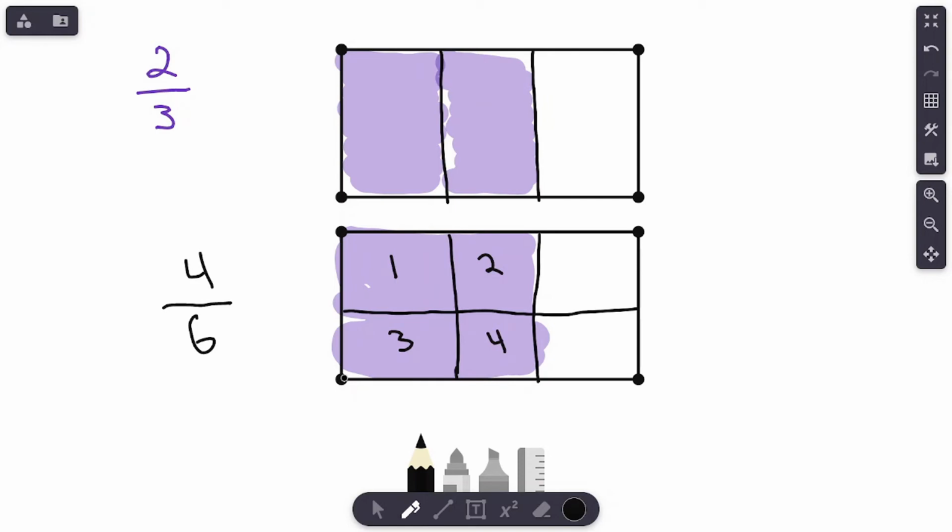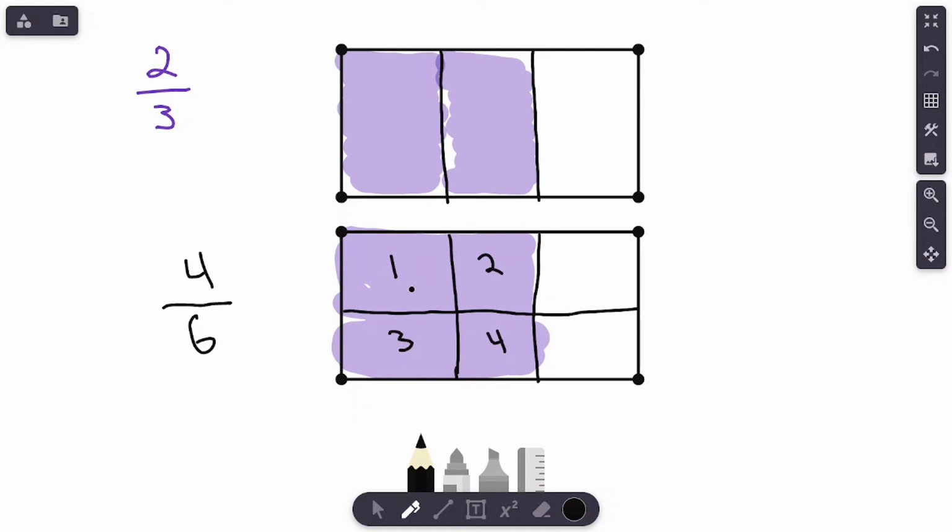Hold up, Mr. C, what just happened? Well, ladies and gentlemen, take a look up here. We took our rectangle and broke it into 3 equal sections. 1, 2, 3. 2 of those 3 were colored in purple. Then what we did down here is we broke it into 6 equal sections. 1, 2, 3, 4, 5, 6.